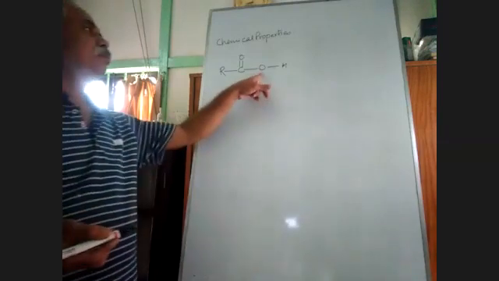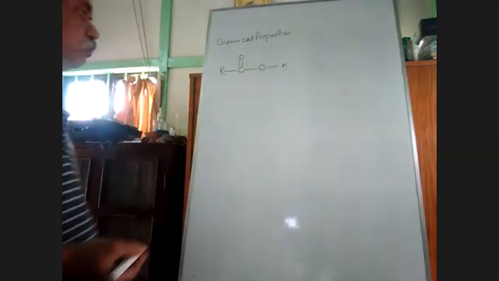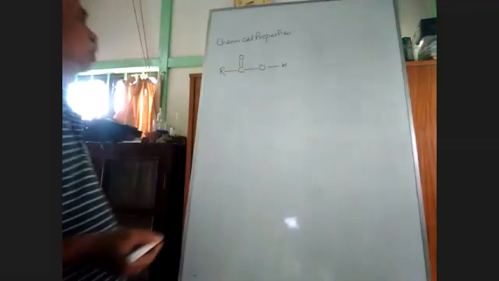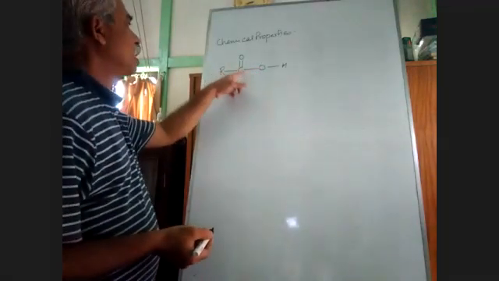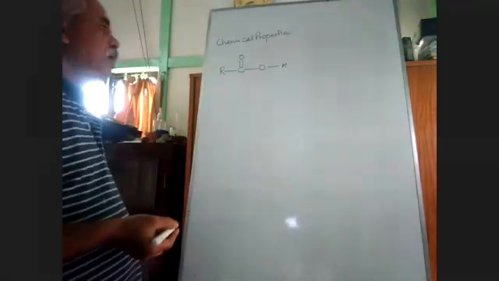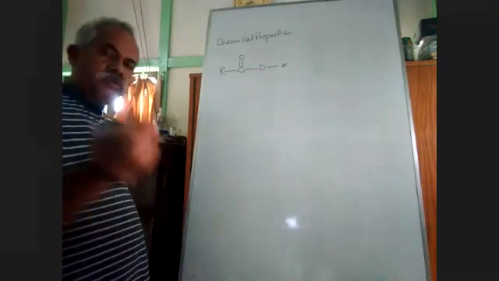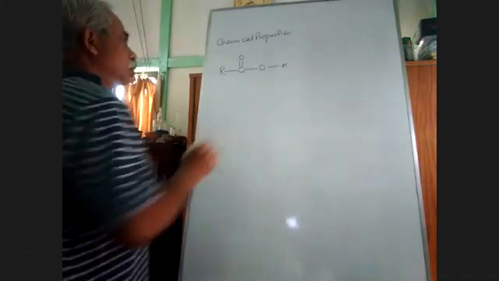We have a bond between oxygen and hydrogen. We have a single bond between carbon and oxygen. We have a double bond between carbon and oxygen. And this R can be alkyl or aryl. Which is the most polar group?